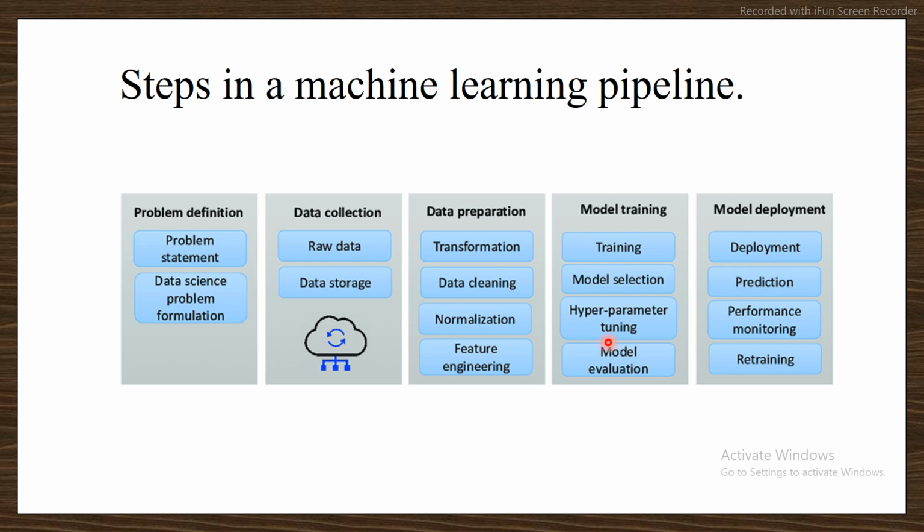For example, if you train a model using logistic regression and your test accuracy is significantly low, it means there is some overfitting or underfitting problem. For that you have to hyper tune the model so that you can remove the overfitting or underfitting. That is why during model training you have to perform hyperparameter tuning as well.